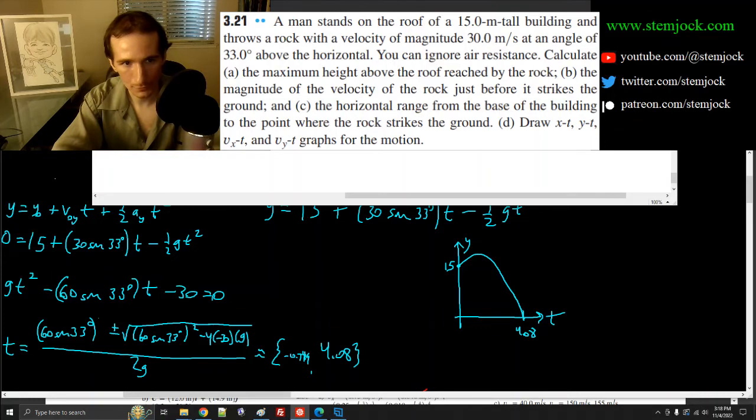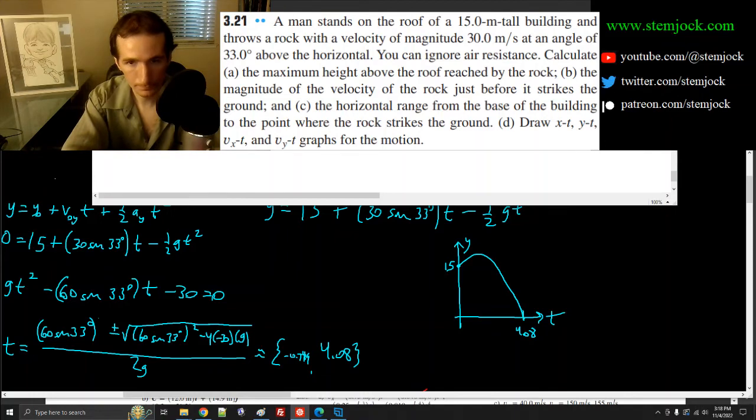the plot function. So 15 plus 30 t, and then minus 1/2 9.81 times t squared.